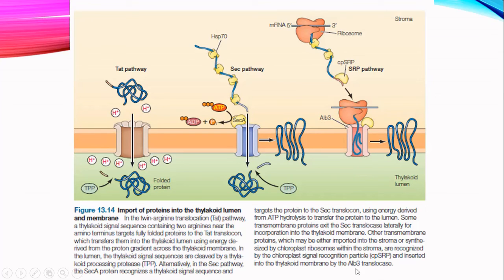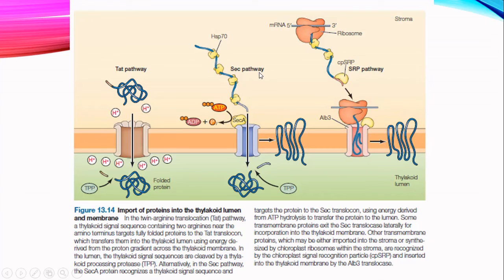What is ALB3? This is an enzyme translocase. The protein is inserted into the thylakoid membrane by ALB3 translocase. So the enzyme will insert the protein sequence in the thylakoid membrane. In the SRP pathway, the protein is guided and inserted in the membrane.